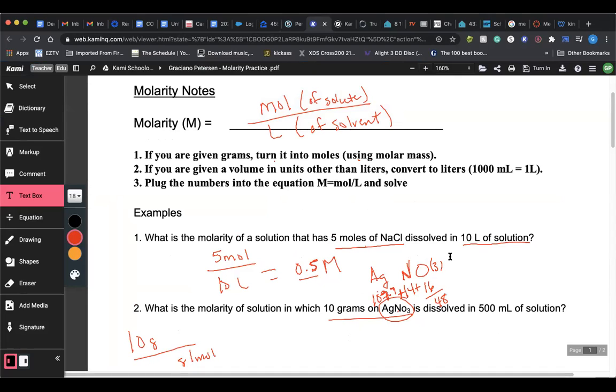So I have to now add together these 3 measurements, 107.9, 14, and 48. So I have 169.9.